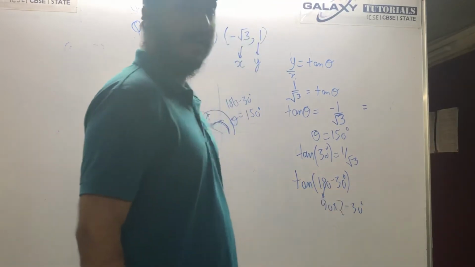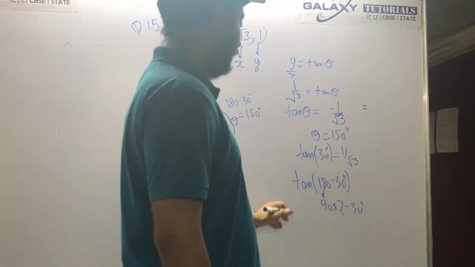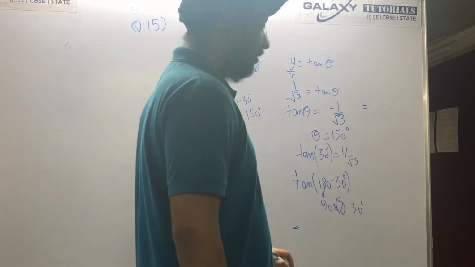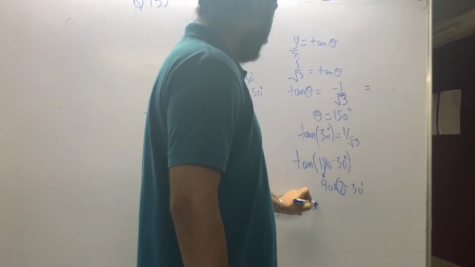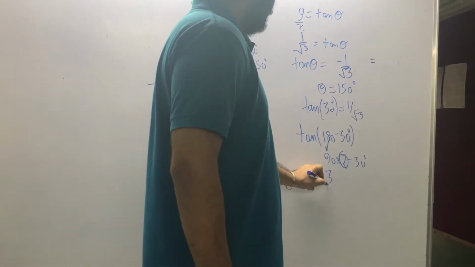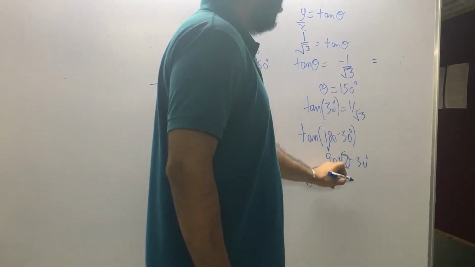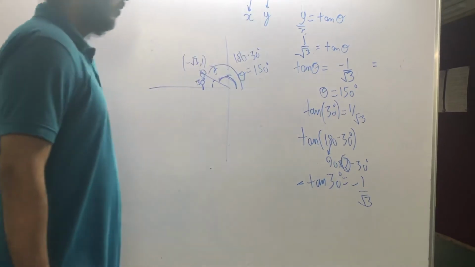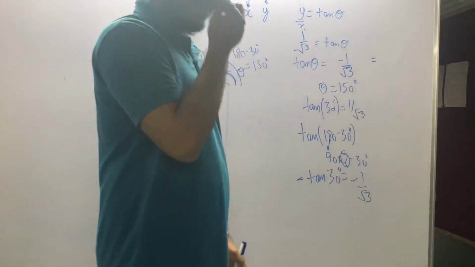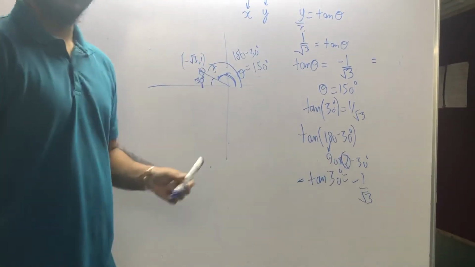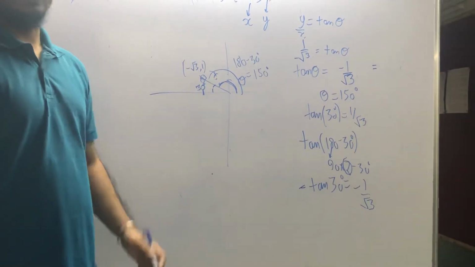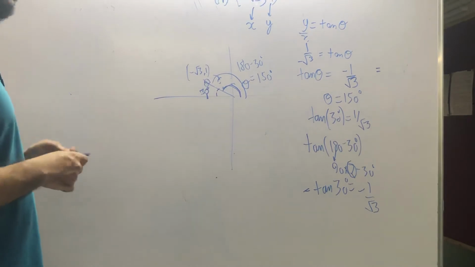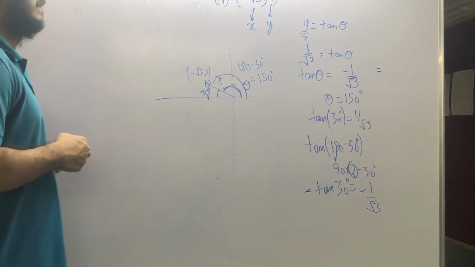This is lying in the second quadrant, and in the second quadrant tan is negative, so you write negative here, and the multiplier is even, so again tan will come here, and angle is 30, so this is minus tan 30, which is minus 1 by root 3. If there is an odd multiple, tan gets converted to cot. So now you know the angle is 150 degrees.